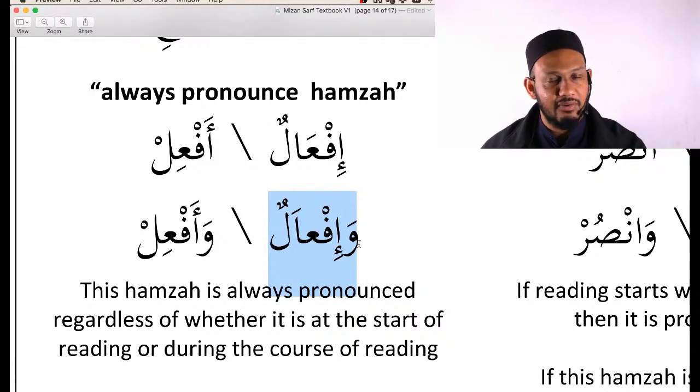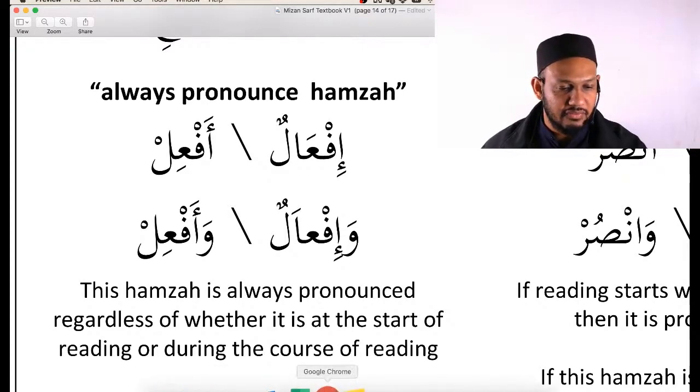I don't say waf'alun. Read this for me here. Wa af'il. Wa af'il. So this hamza here is always pronounced regardless of whether it is at the start of the reading or during the course of the reading. You with me?